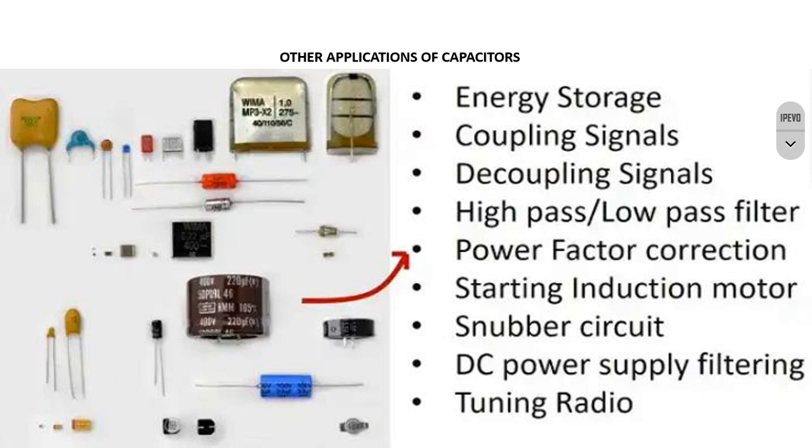So other applications of the capacitor. The first one here is that they store energy. They are applied or used in coupling signals. They can as well be used in decoupling signals.